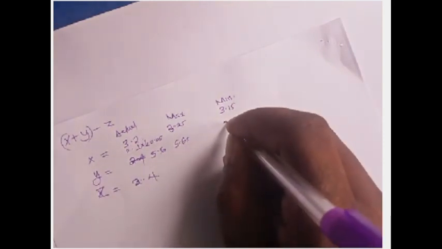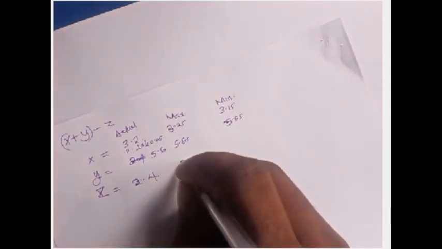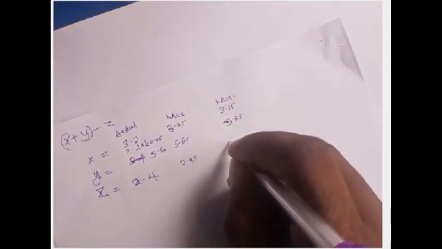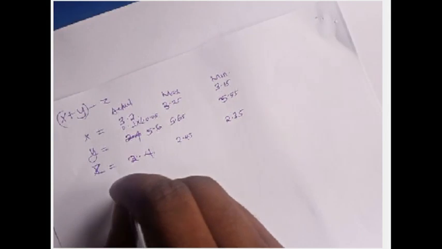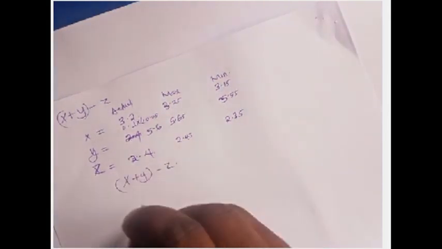So we add 0.05 to 3.2: 3.25 maximum, 3.15 minimum. 5.65 maximum, 5.55 minimum. 2.45 maximum, 2.35 minimum. We want to find x plus y minus z.